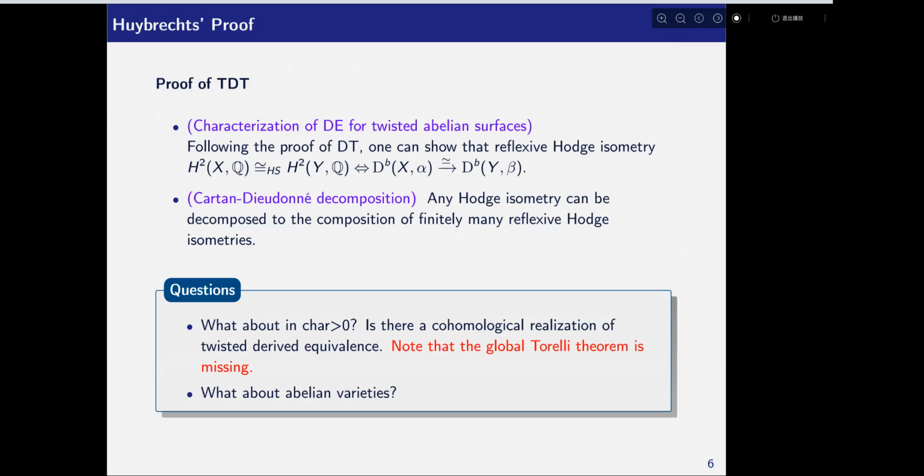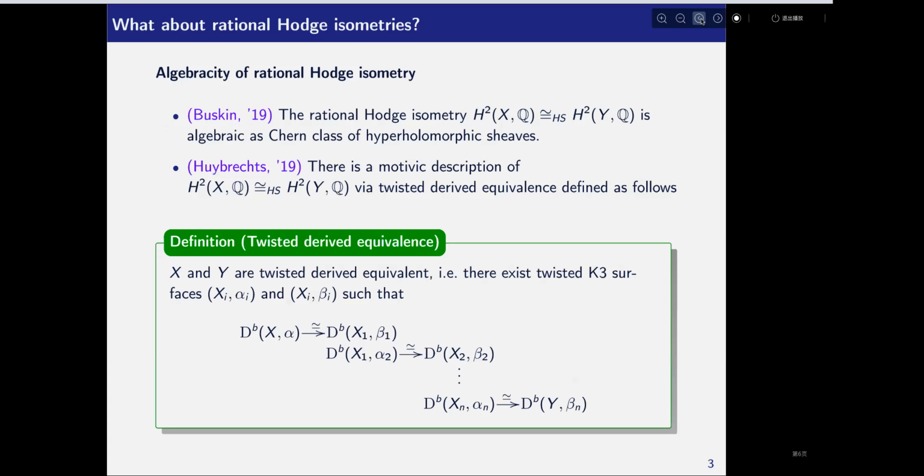Following this proof, one may ask similar questions. What about positive characteristic? Can we characterize the twisted derived equivalence? If you look at the definition by Huybrechts, it doesn't require anything about the field, because the twisted derived equivalence can be defined over any field.